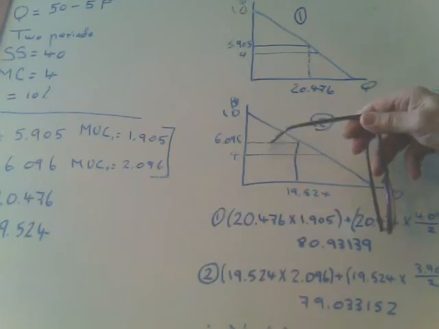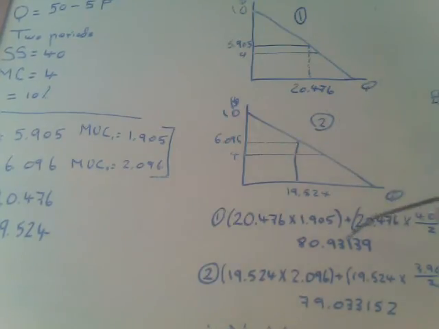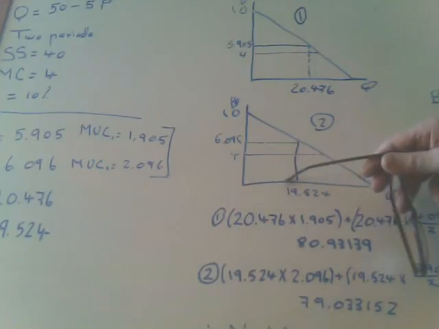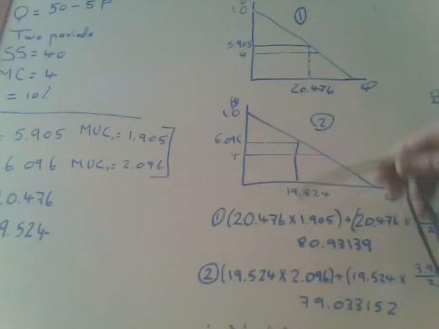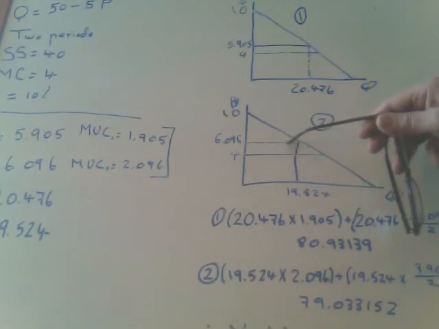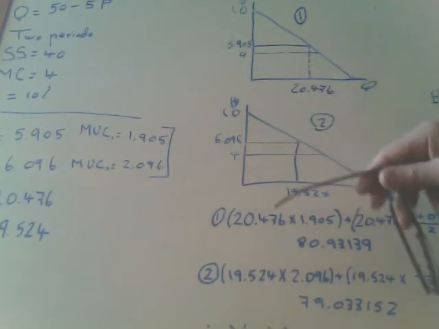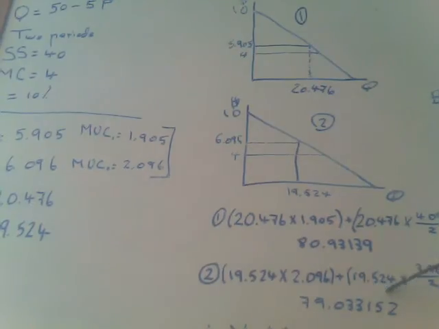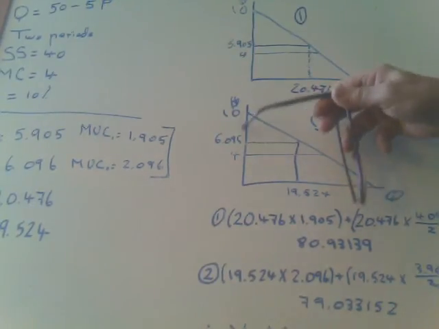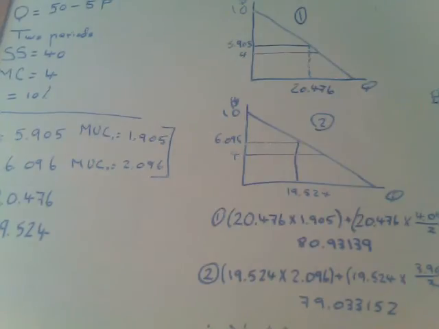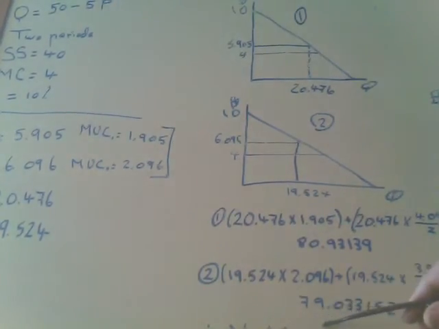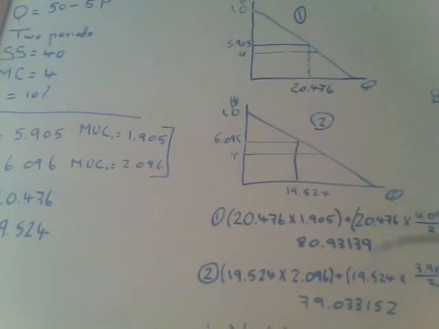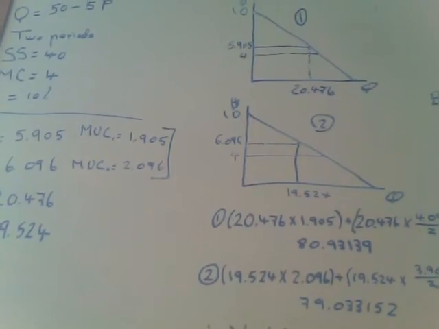Therefore, we've got to find out the area of this plus the area of this, which is going to be 19.524 times this, which is 2.096, plus the base times the height over 2, which is 19.524 times 3.904 over 2, which works out to be 79.033152.